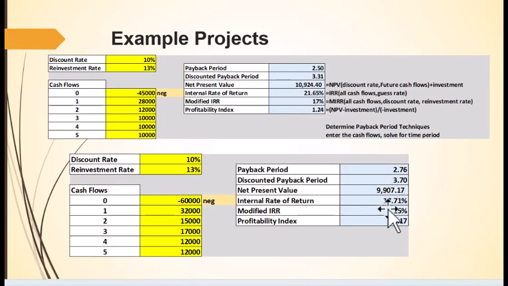If they were both independent, you would do them both. They both add value to the company. However, if you need to choose between the two, technically, project A is better because it is going to increase the value of the firm, increase the wealth of shareholders more.